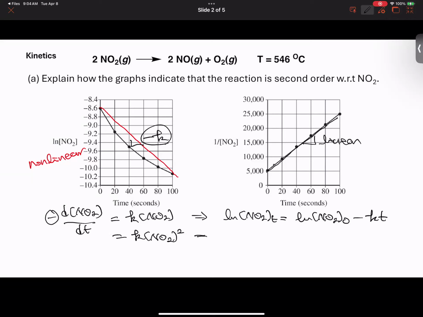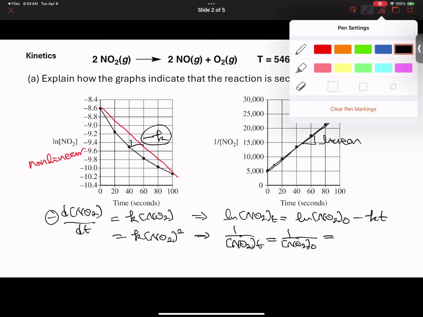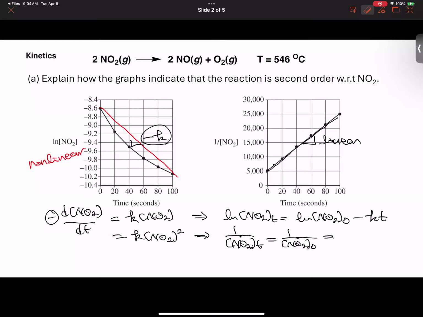In a second order reaction, when you solve it, you end up with the inverse of the NO2 concentration at a certain time t equal to 1 over the initial concentration, [NO2]0, plus kt.